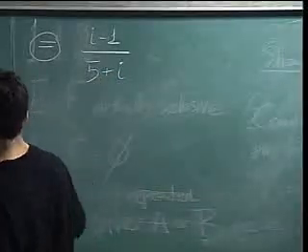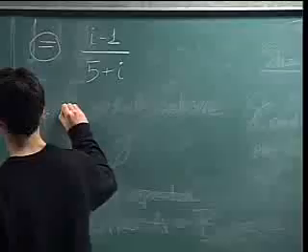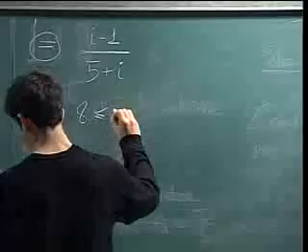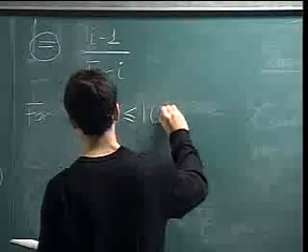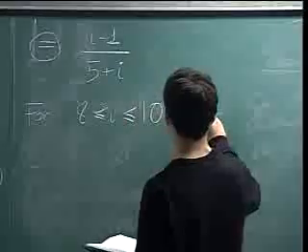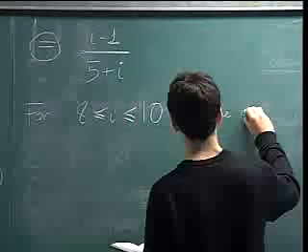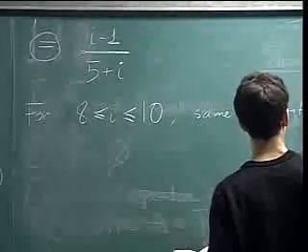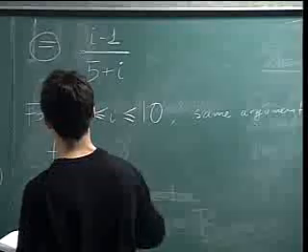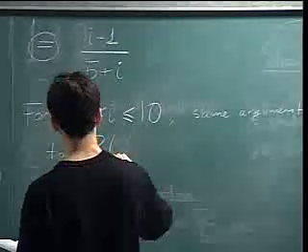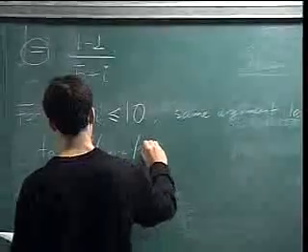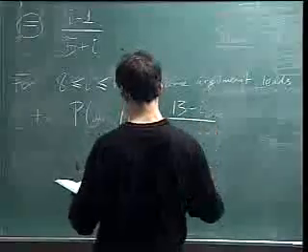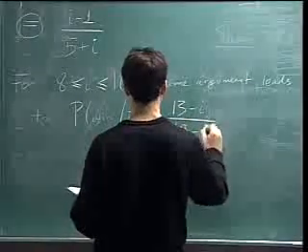And now if we were to do this for 8, 9, and 10, we do the same argument. It leads to 13 minus I over 19 minus I.